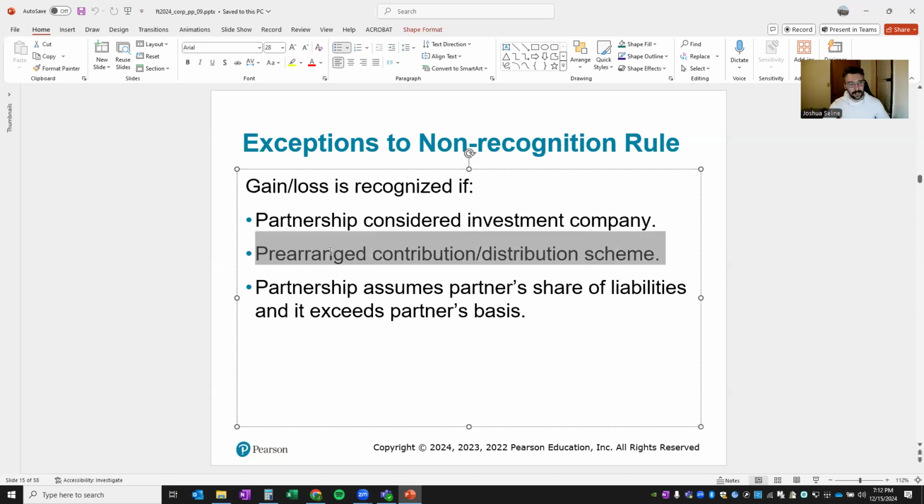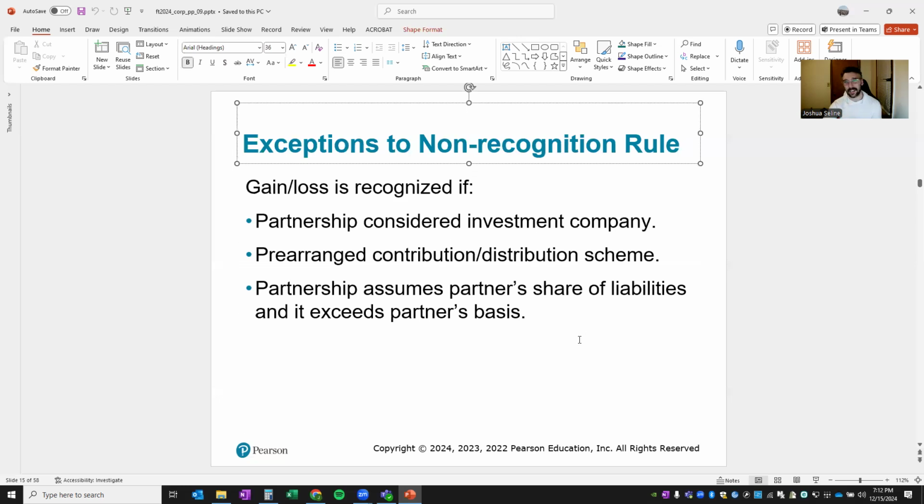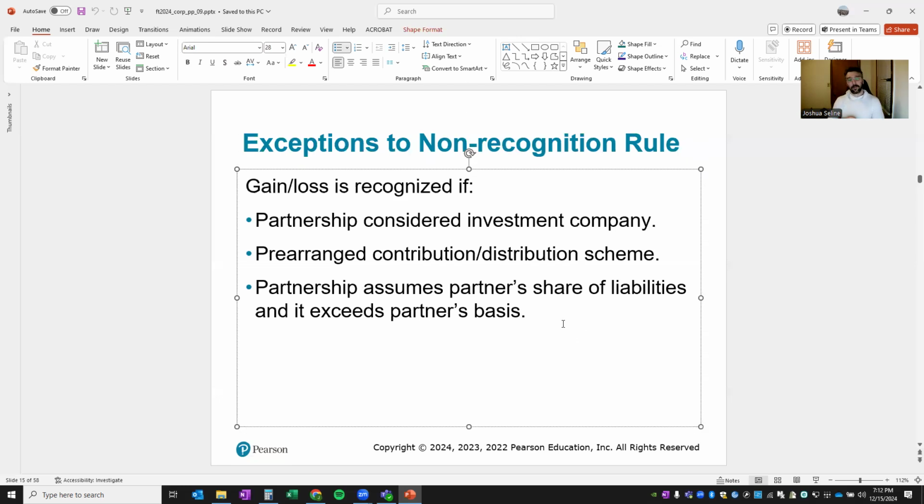I do want to touch on the second one here. What that's really saying is it's a disguised sale. So a pre-arranged contribution distribution scheme: if you have someone that contributes $10,000 of land to a partnership, and the partnership in turn pays that partner $10,000 for that land, that's a disguised sale, right?